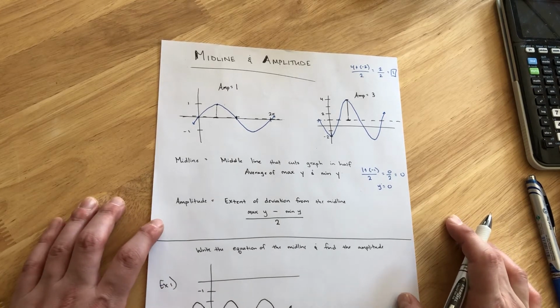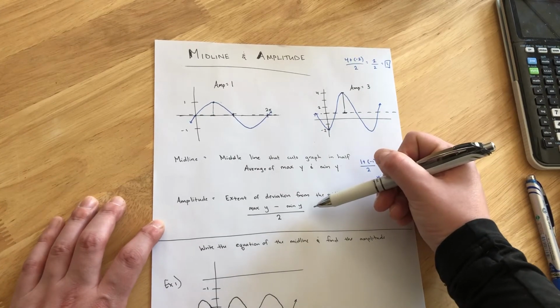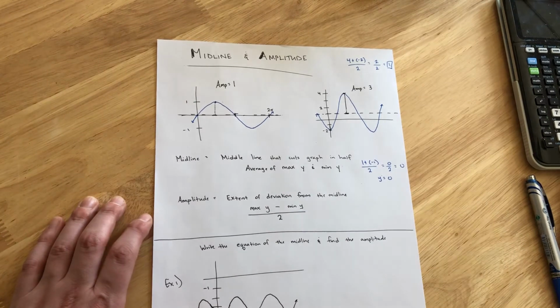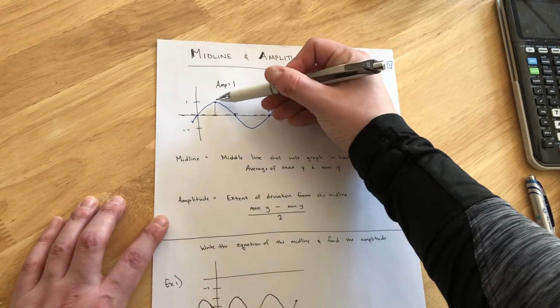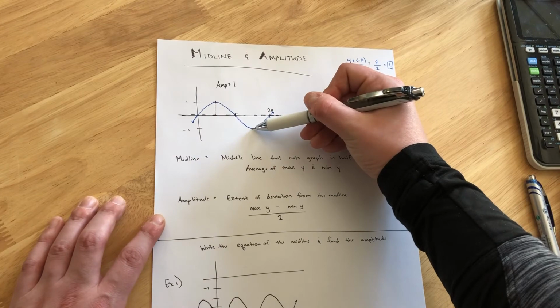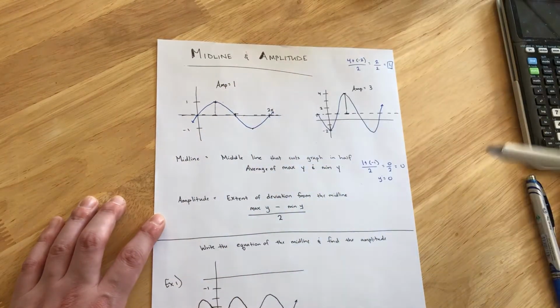But if you're looking for a formula and you think that might be easier, this formula is not an average, but it is taking the maximum y minus the minimum y and dividing by 2. So it's not finding the halfway point, it's finding half of the total deviation from top to bottom, because our amplitude is just one of those two parts, it's not both of them.